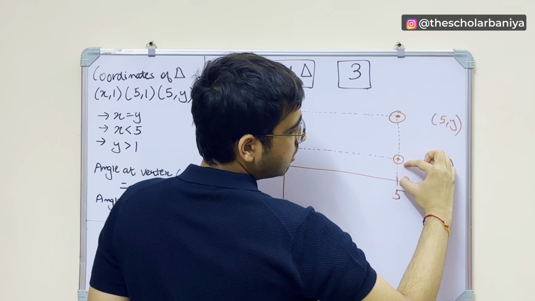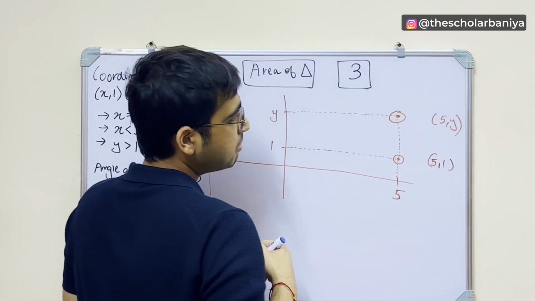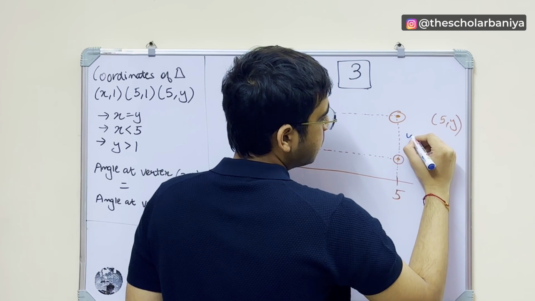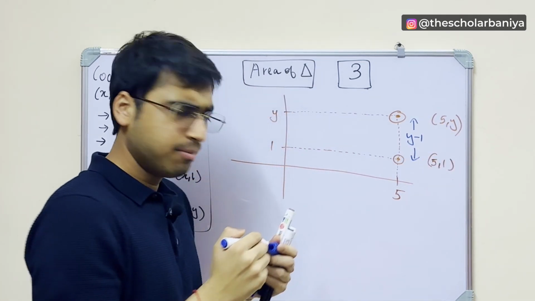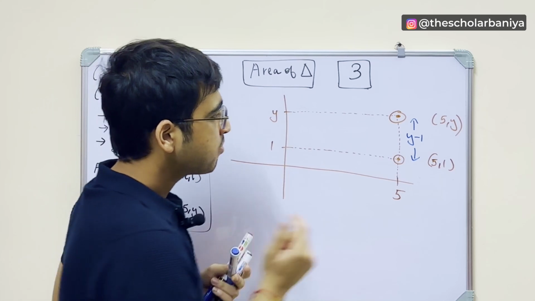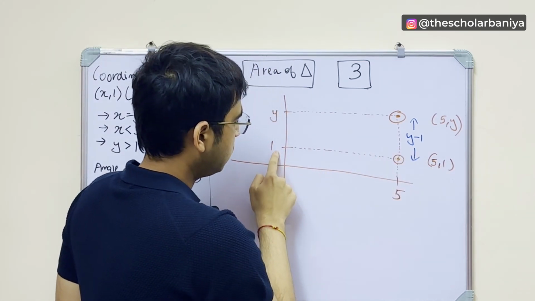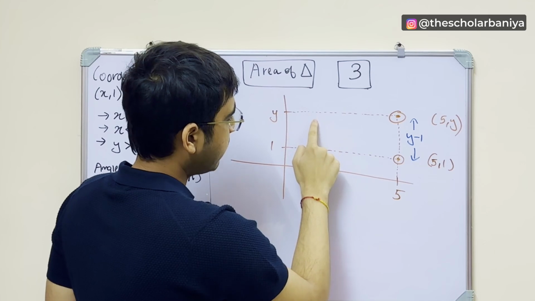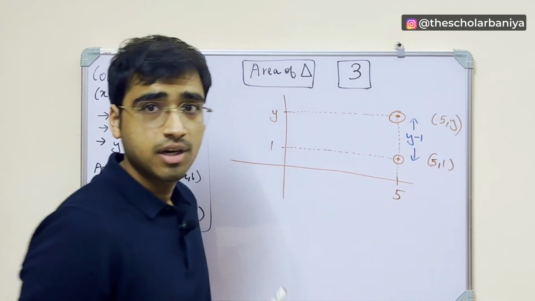This distance is 1, this whole distance is y, so this middle distance becomes y minus 1, right? I hope this makes complete sense. This point is (5, 1), that means this distance is 1, and this distance is y entire, so this middle distance becomes y minus 1.